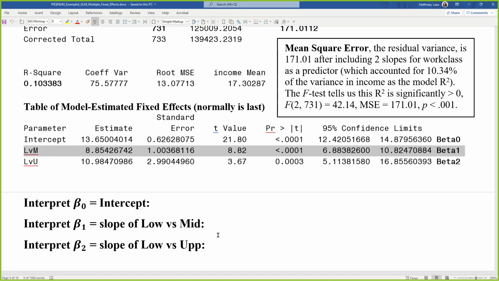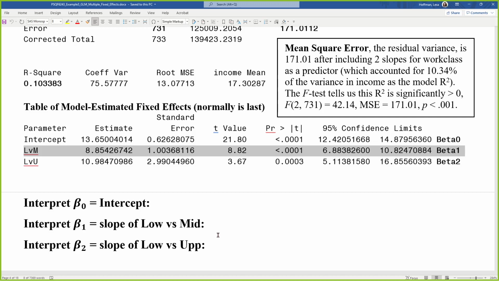Ask yourself, what's a slope? The relationship between what? Low versus middle here, yes, but more generally, like if you didn't know what the variables were. Yeah, the change in Y per unit change in X.